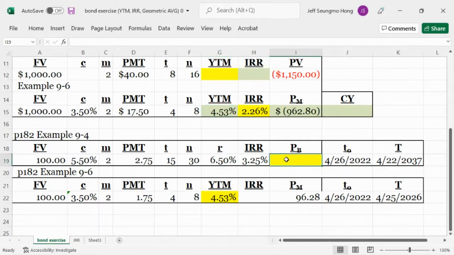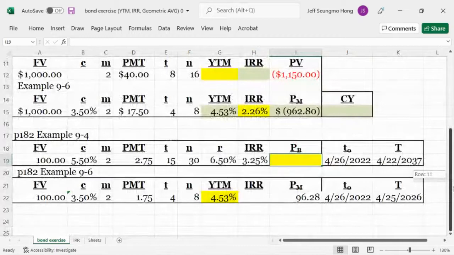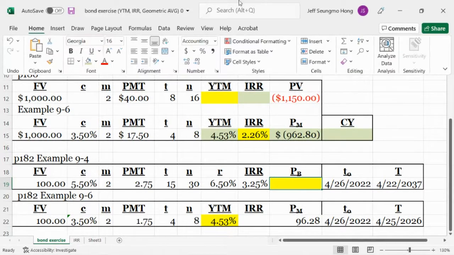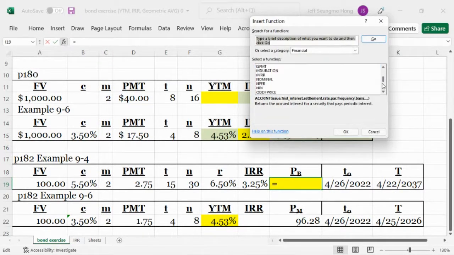Now, since we are already here, let's do this. This is finding the price, right, by using price command. Okay, we've done pretty much everything. To do this, we go to a function. In financial, you scroll down to find price.